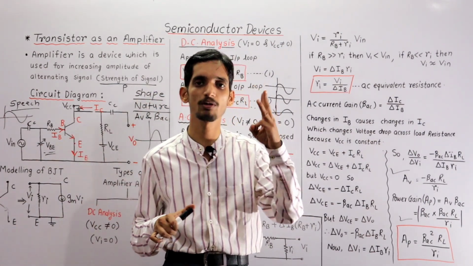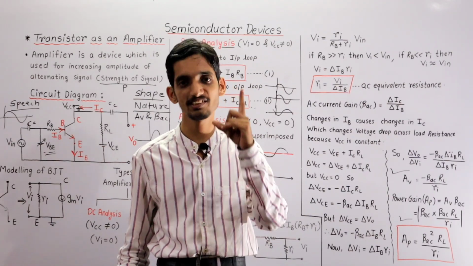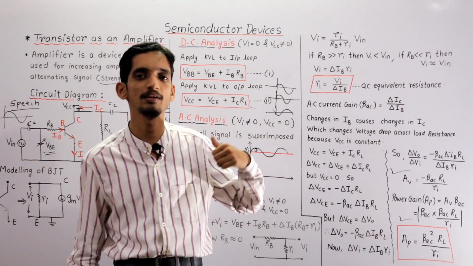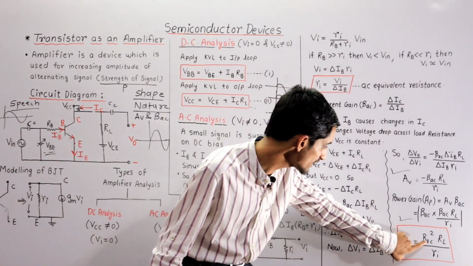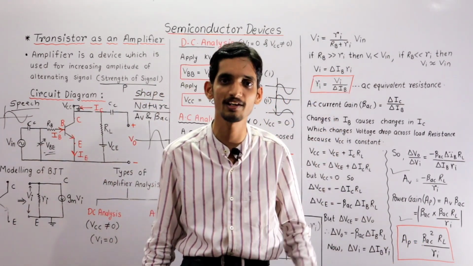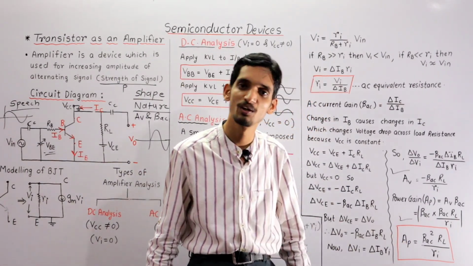Okay, so I am now recalling three formulas. Voltage gain is minus beta AC RL upon Ri. Current gain is beta AC. And power gain is beta square RL upon Ri. As beta is more for transistor, range is from 50 to 200, definitely your power gain is also more.